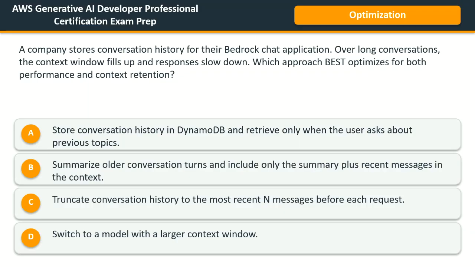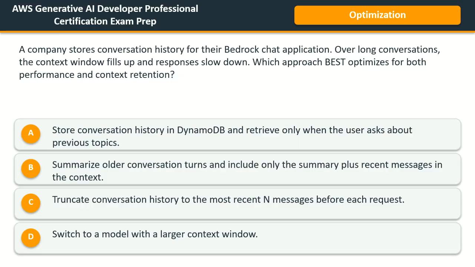This is a context management question, and the key phrase is both performance and context retention. That means you cannot just delete history, and you cannot just keep everything forever. The best practice here is conversation summarization.